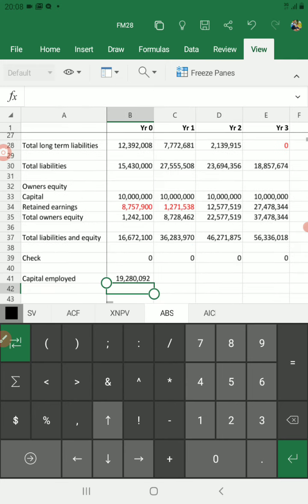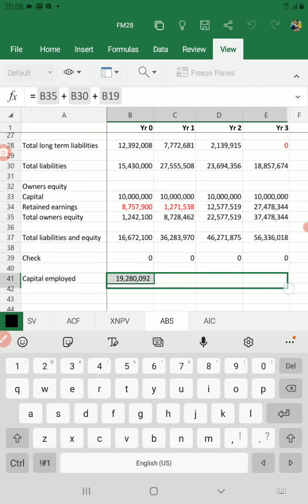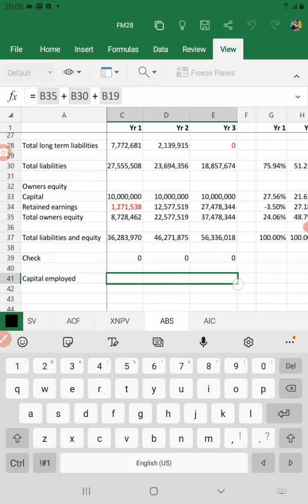Press enter, and then tap to fill this throughout our projection period.